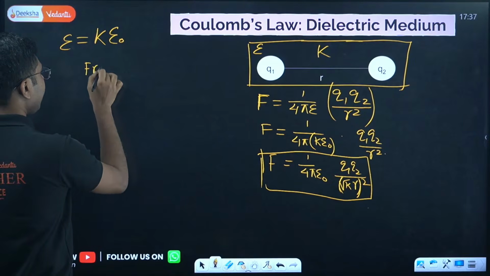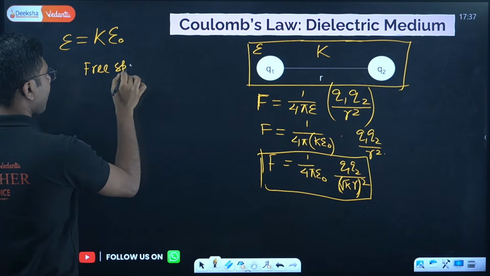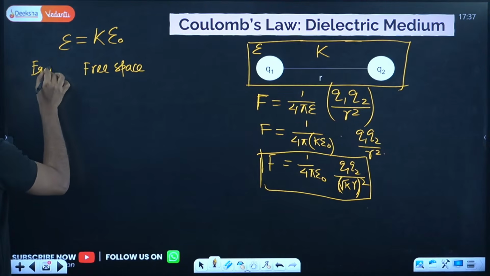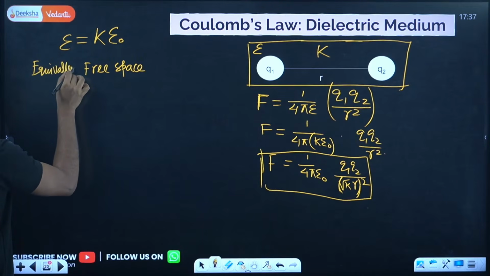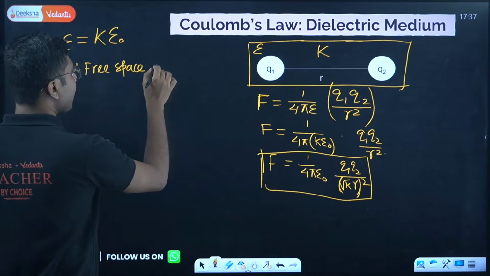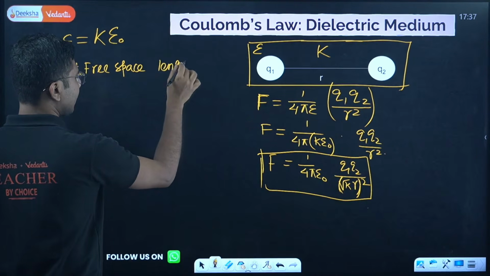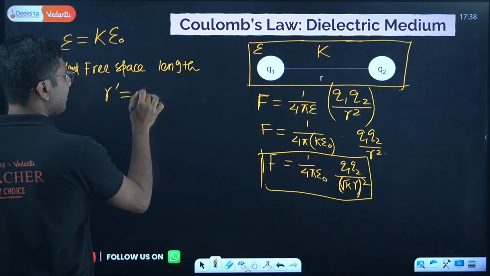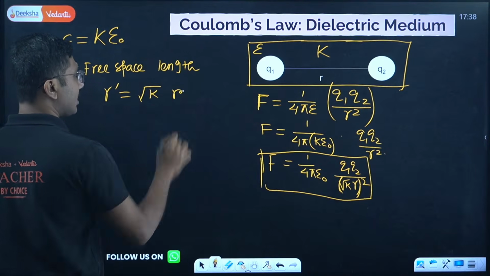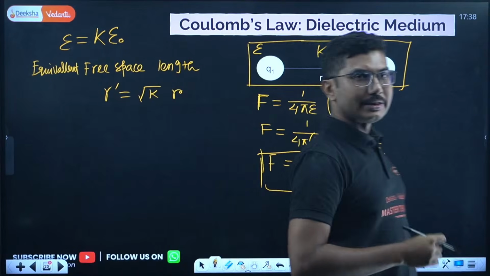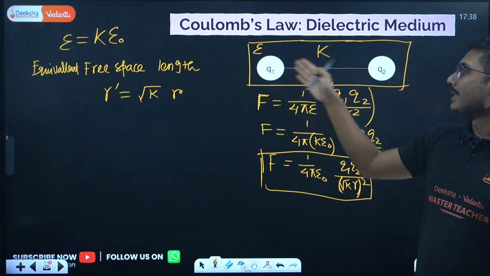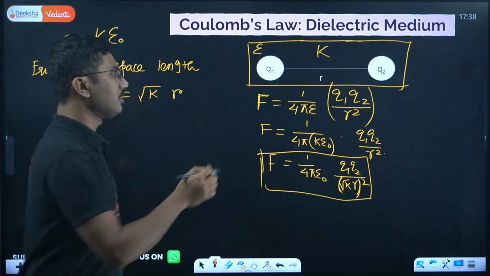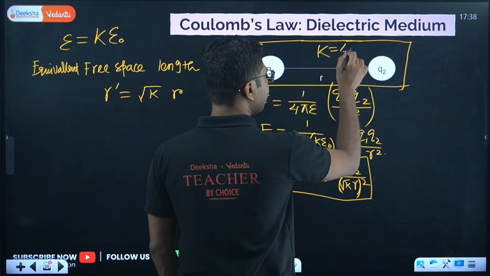This is called the free space equivalent length or distance. The free space equivalent length is nothing but root over k into r. As you can see, suppose you have an initial distance of 10 centimeter and the dielectric constant is 4.